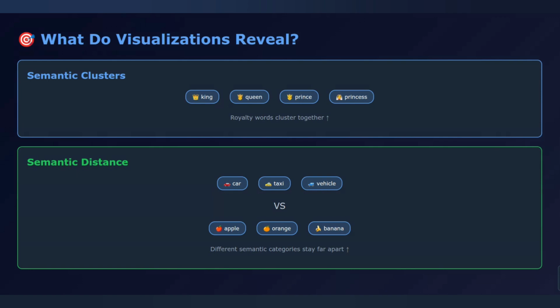But notice the separation. The transportation cluster is far away from the fruit cluster with apple, orange, banana. This is semantic distance in action. Different categories of meaning stay far apart in the vector space. This is incredibly powerful for understanding how our models see language.